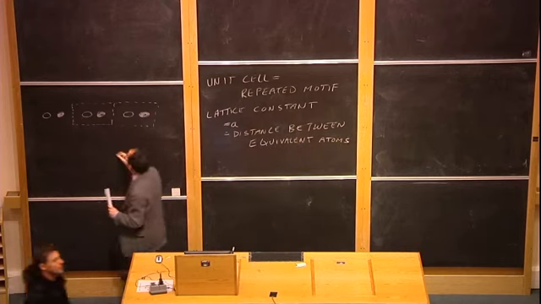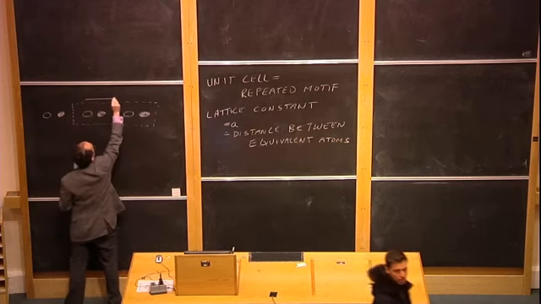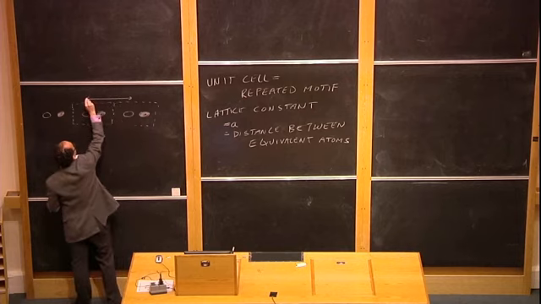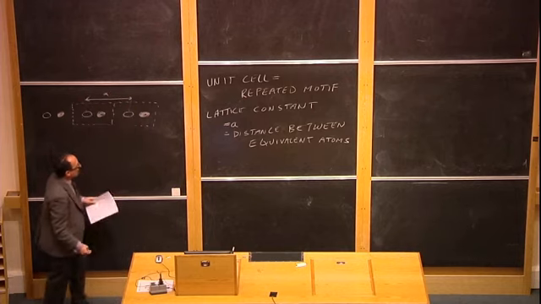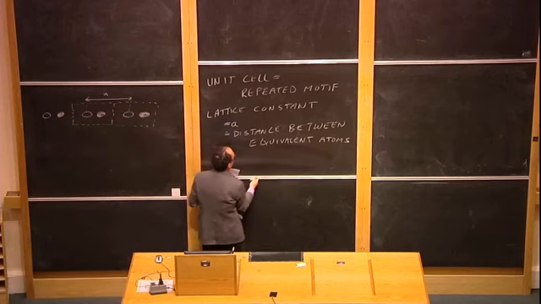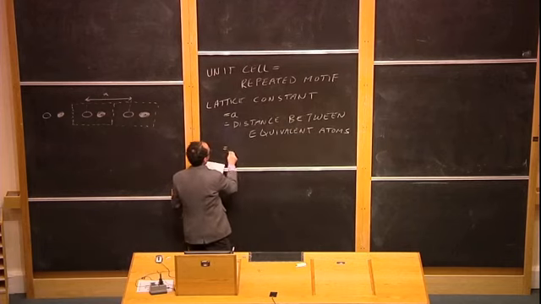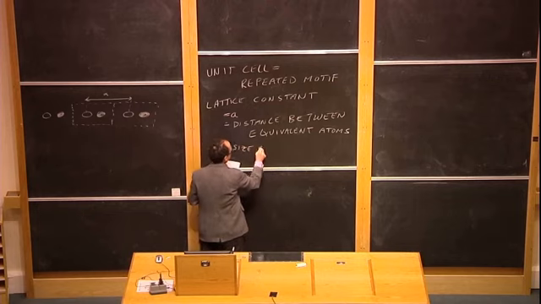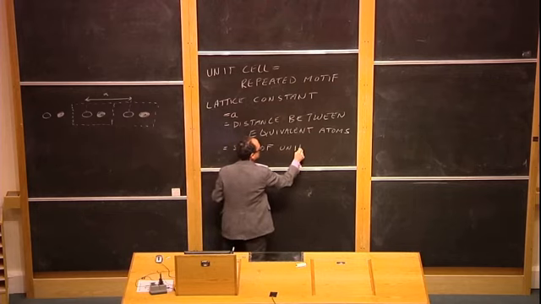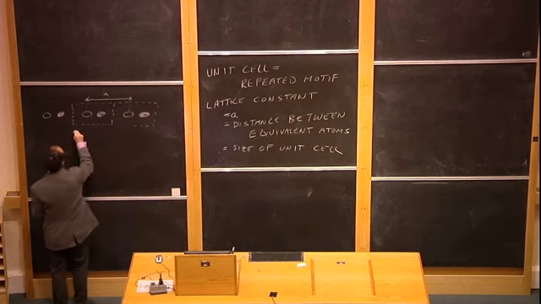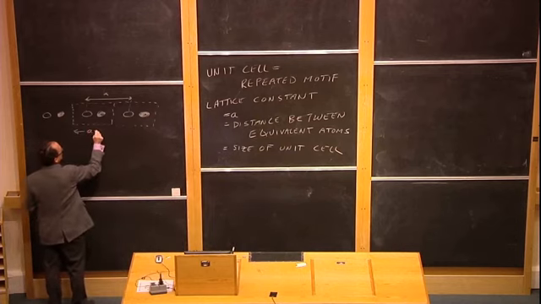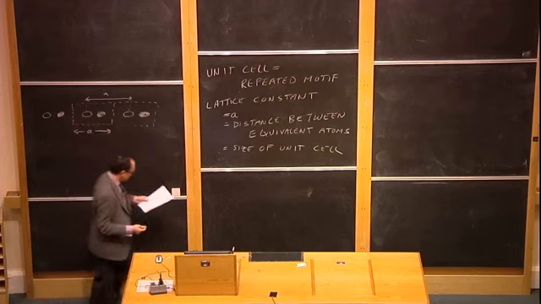So, for example, the lattice constant would be like this. We'll call it A, from this light-colored atom to this light-colored atom. You may also notice that that lattice constant also happens to be the size of the unit cell. Draw it like this. This distance here is also A. Or if I drew it properly, it was.